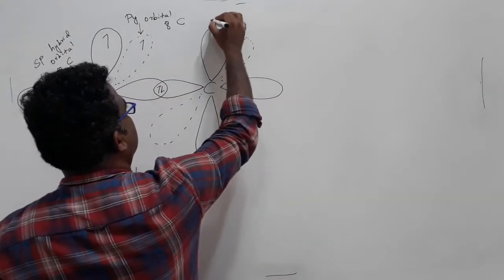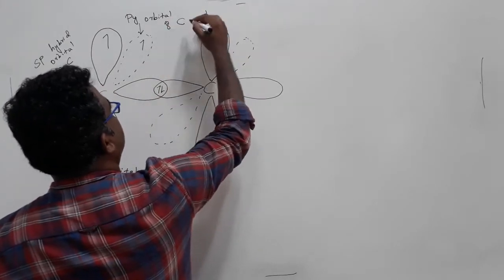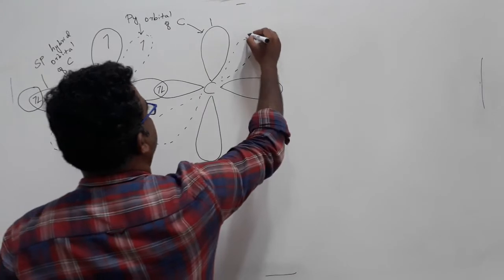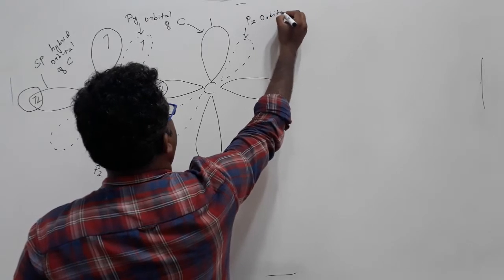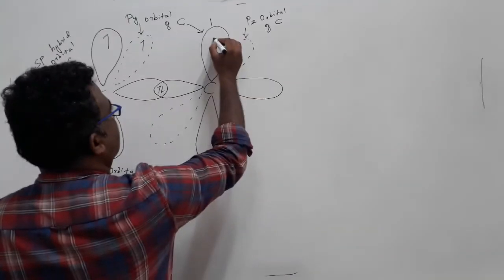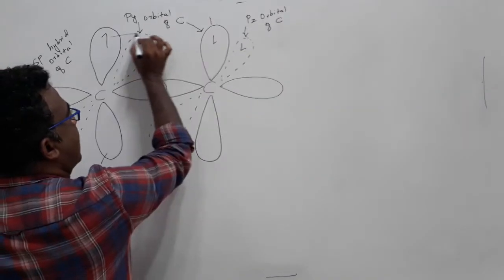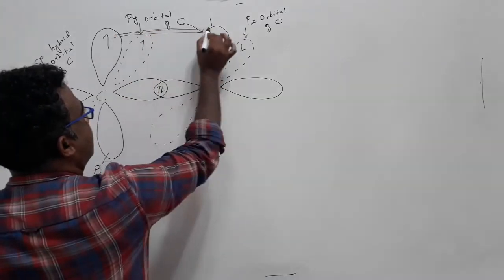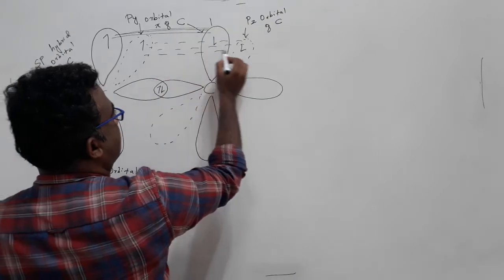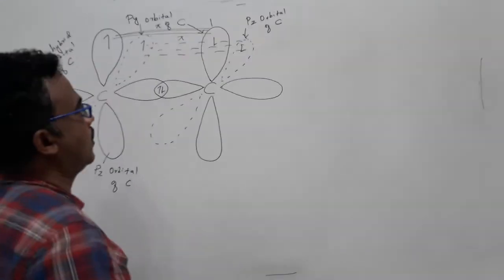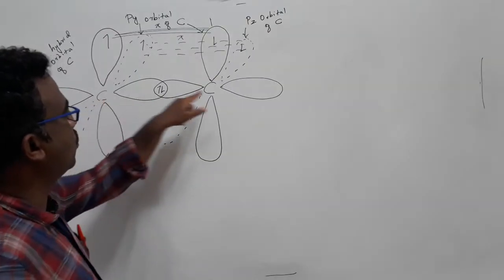Again, this one is the py orbital and this one is the py orbital of carbon, and this one is the pz orbital of carbon. This py and py laterally overlap to form a pi bond. Similarly, the pz will laterally overlap with the other pz orbital to form one more pi bond. So between the two carbon atoms there is one sigma bond and two pi bonds.